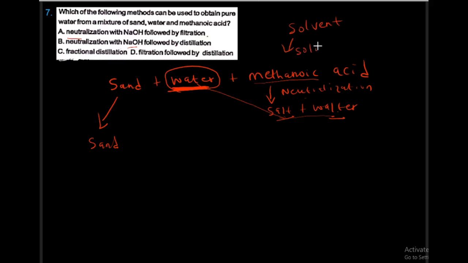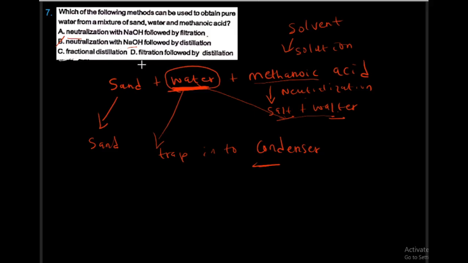By distillation, we are going to be able to evaporate water and then trap it in a condenser. So option B is the correct answer here: neutralization with sodium hydroxide followed by distillation.